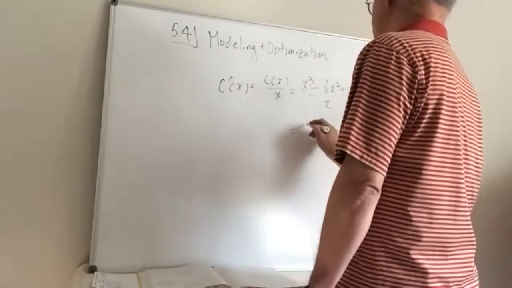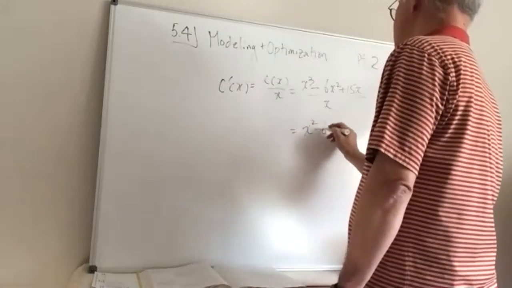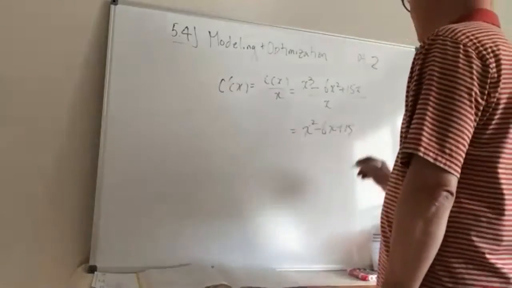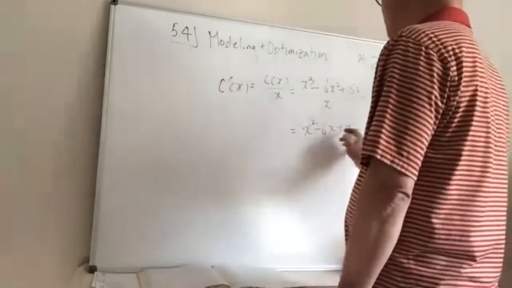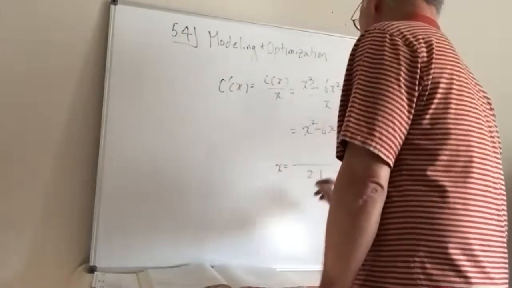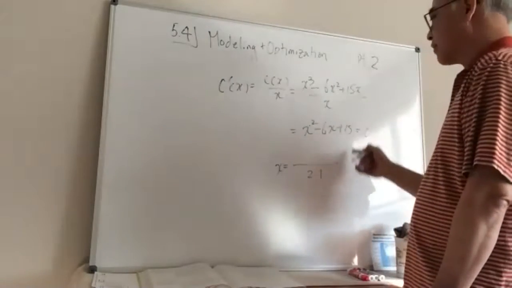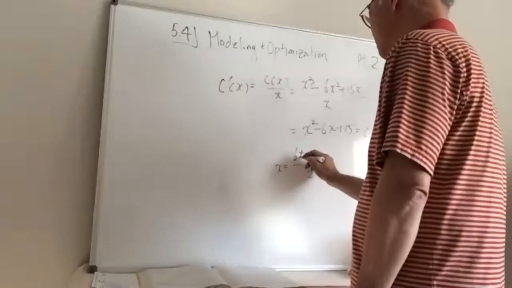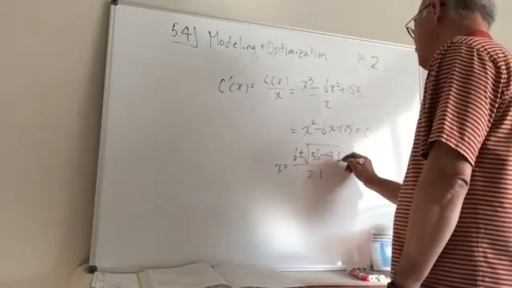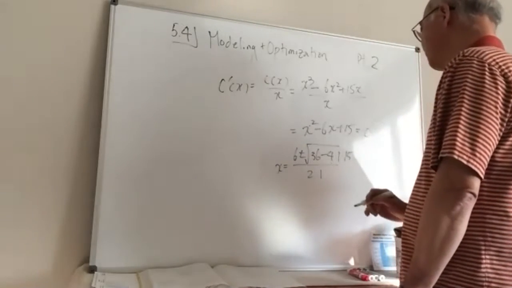So that's going to be equal to x squared minus 6x plus 15. And you can set that equal to 0. So what am I going to get? Again, this is not going to be factorable. B squared minus 4 times A times C.